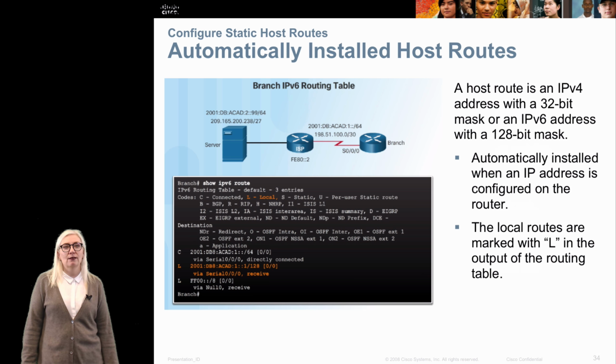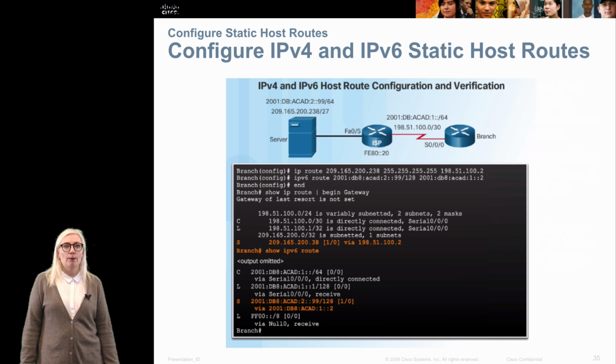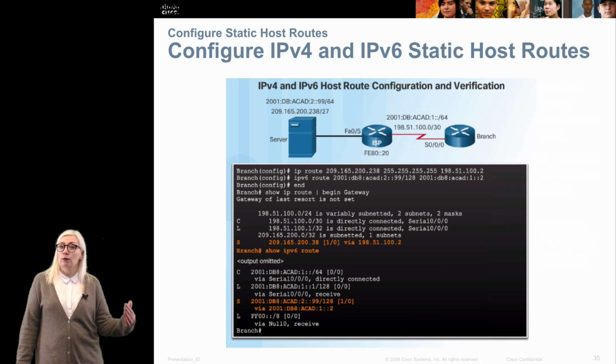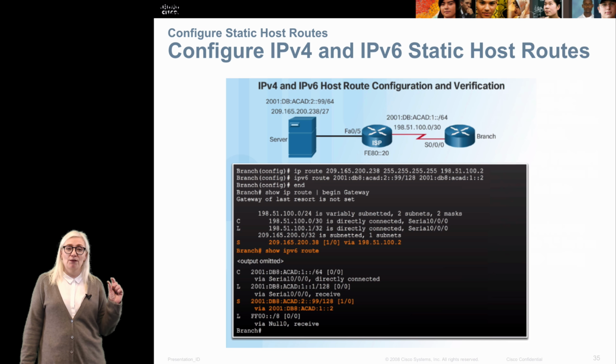This is the local link, which is the specific IP address of our interfaces on the router. We will always see them with an L in front of them, both in IP version 4 and IP version 6. And when you want to see the static routes, you can also see them with an S in front of them.